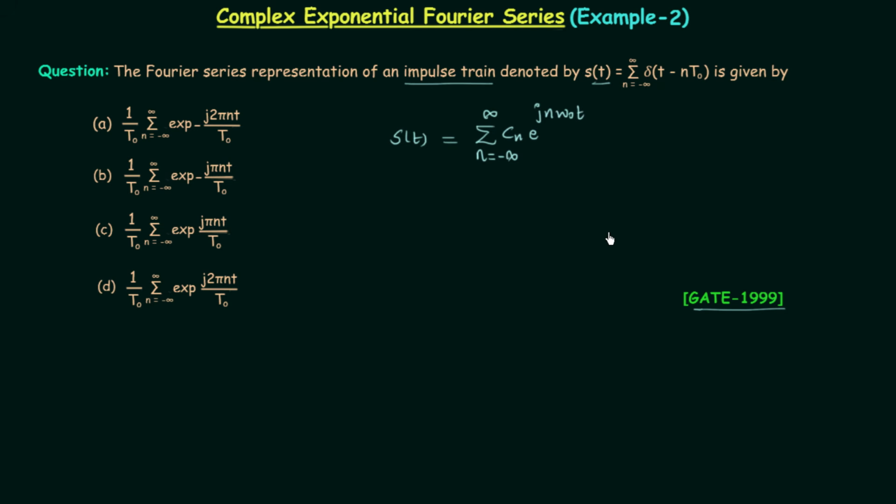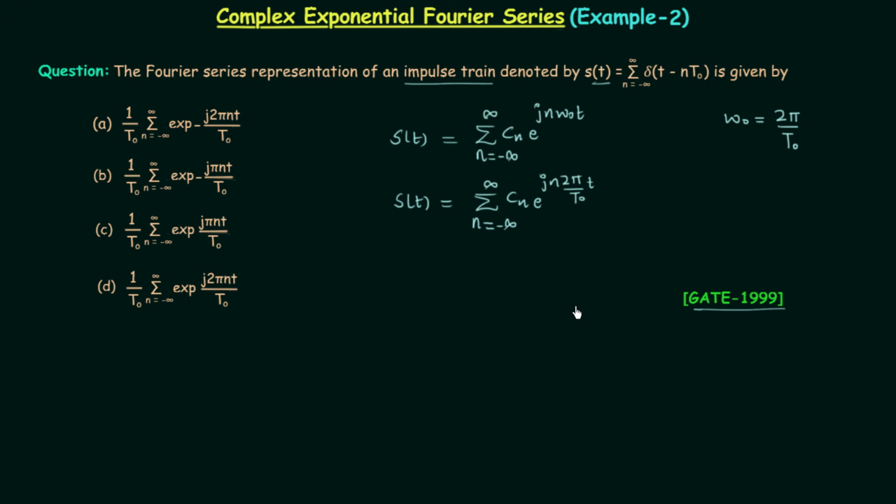Omega naught is the angular frequency, which is the fundamental angular frequency, and we already know it is equal to 2 pi divided by the fundamental time period. So in place of omega naught, we can write 2 pi divided by t naught. So s(t) is equal to summation n equal to minus infinity to infinity Cn e raised to the power j n 2 pi by t naught t.